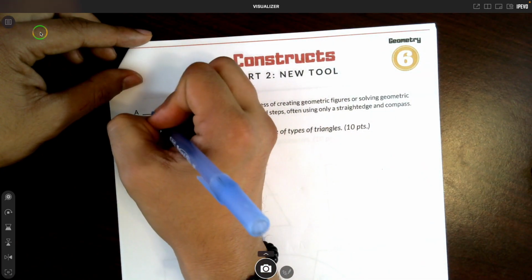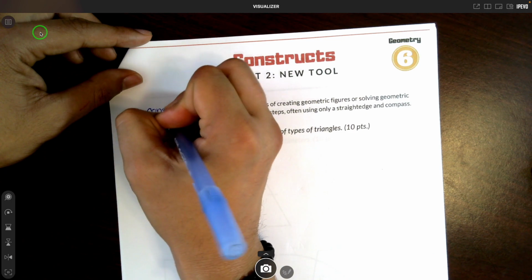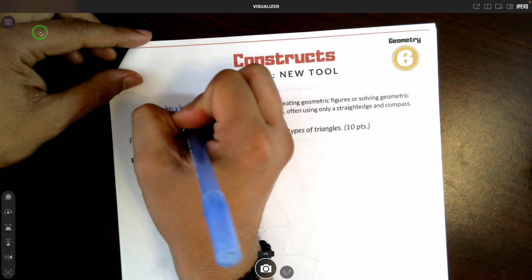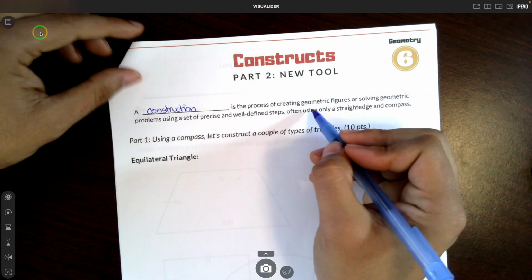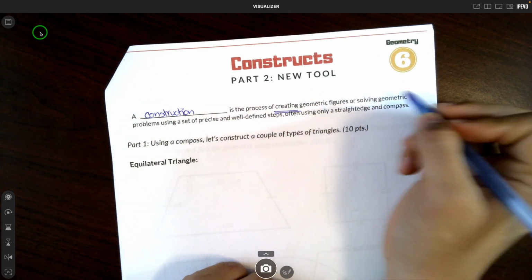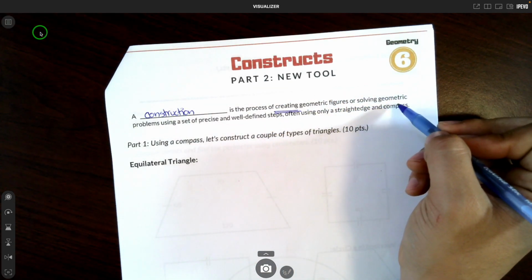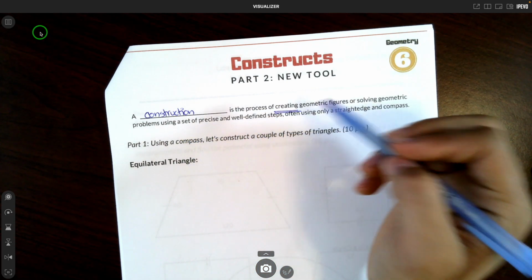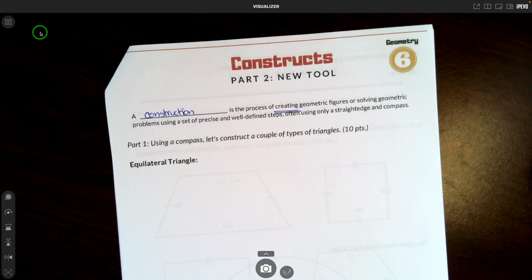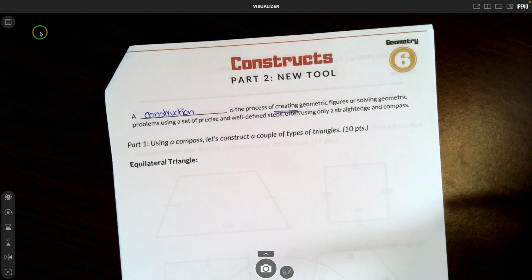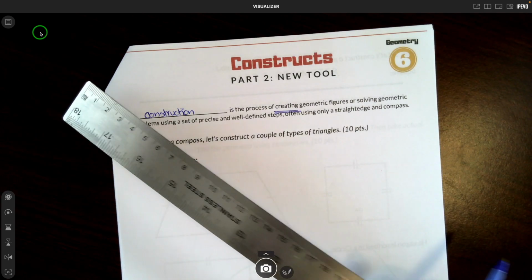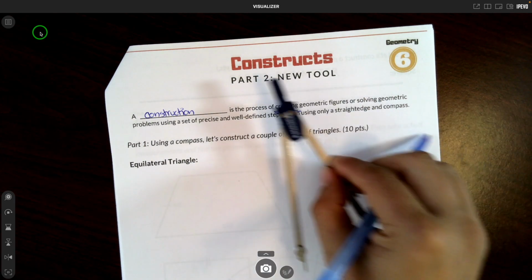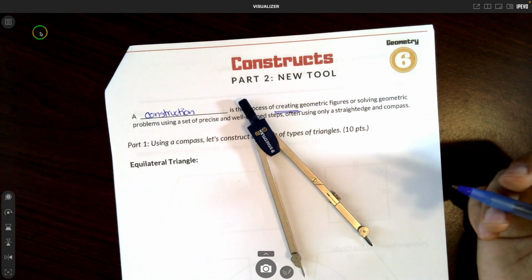A construction is the process of creating geometric figures or solving geometric problems using a set of precise and well-defined steps, often using only a straight edge. Here's my straight edge. Or and a compass, not or. I think you've got to use both.